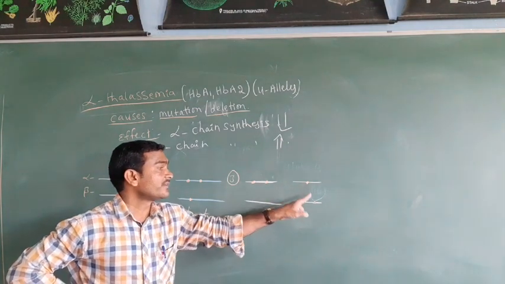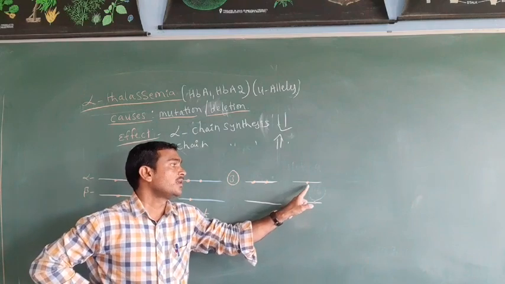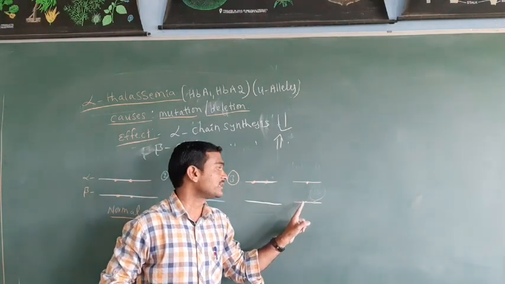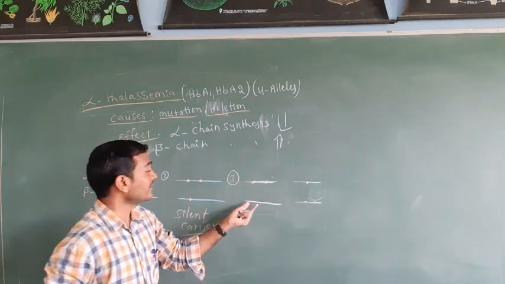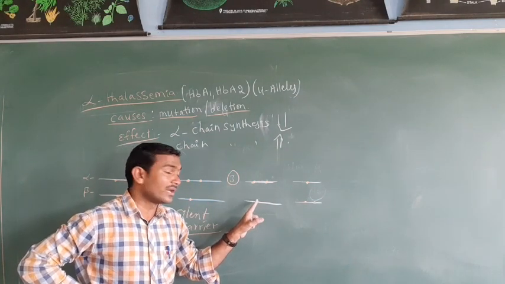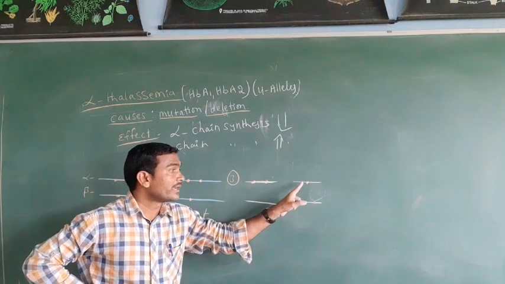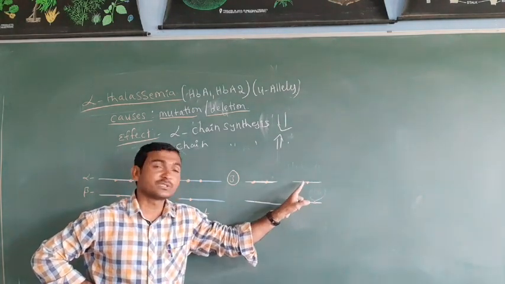Able to understand? In the fourth, only one allele is present in the alpha chain, and the remaining allele is present in the beta chain. So in the third one, two alleles are absent in the beta chain. Here in the fourth, one allele is absent in the beta chain and one allele is absent in the alpha chain.